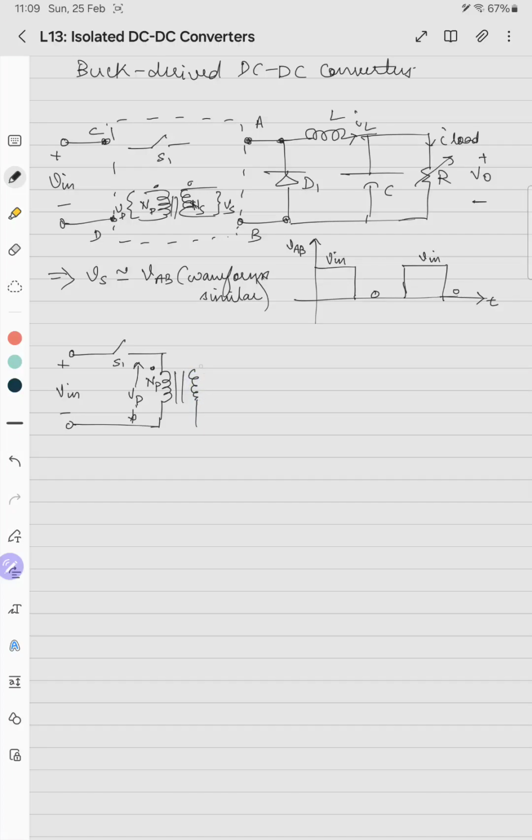This is the secondary NS. This is VS equals VAB. After that we'll have the conventional buck converter circuit. So this is the topology of an isolated DC-DC buck converter.